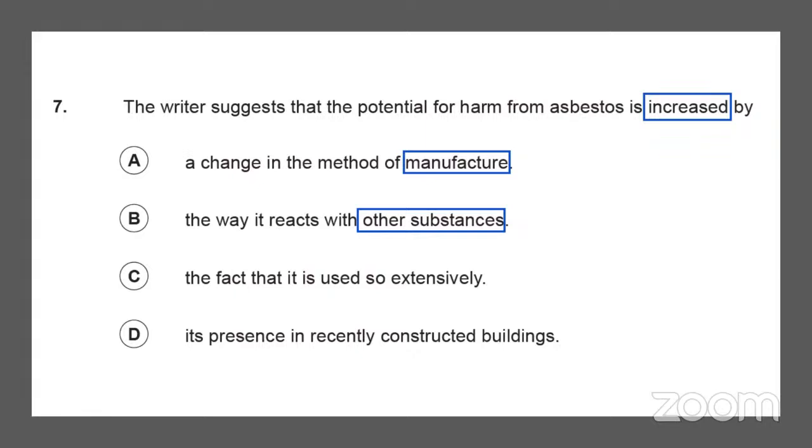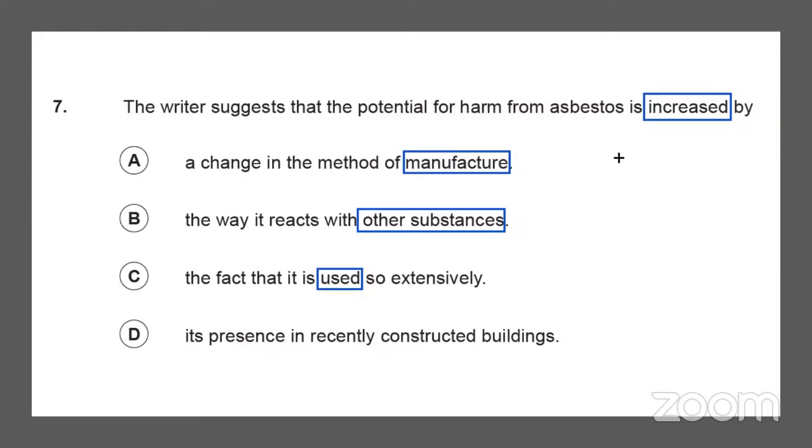It reacts with what? Other substances. You have to question there. Then only you will get the correct option. Why we are losing the marks is because of this only. You are not able to select what word is important. The word which is important is usage. Extensively what? Extensively used. So its usage is important.